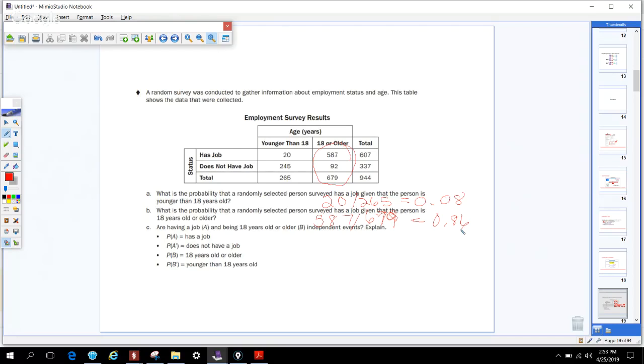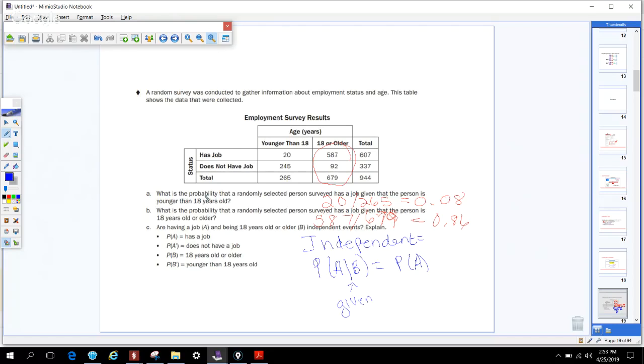So what you need to know is that if something is independent, write this down. If something is independent, basically what that means is the probability of you doing that given thing, this line means given, is the same as the probability if you didn't have to know what was given.